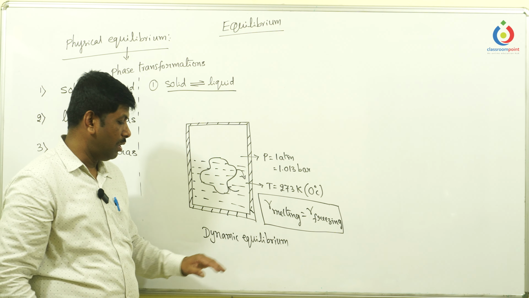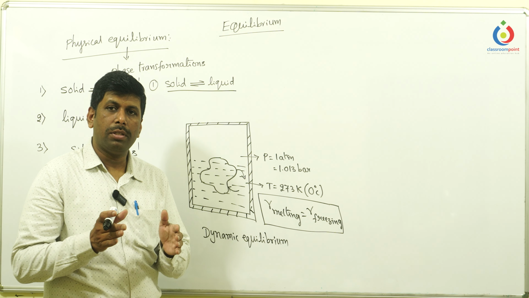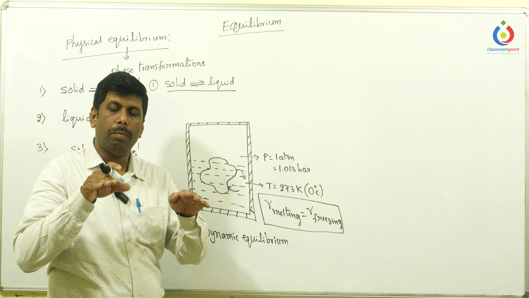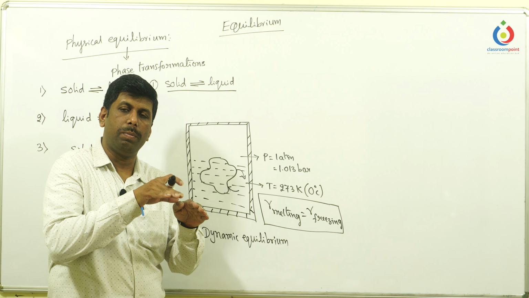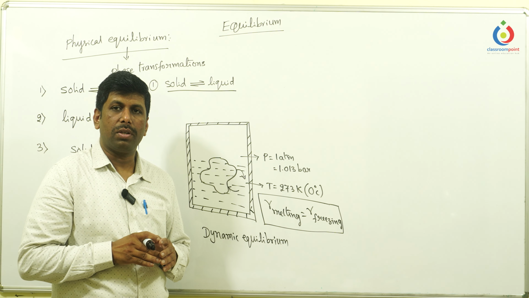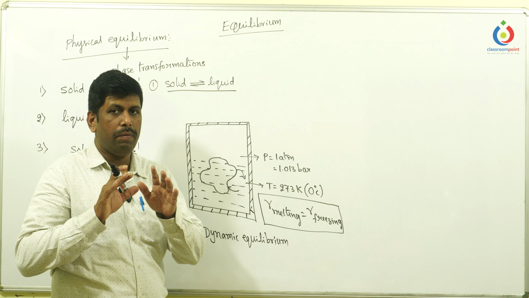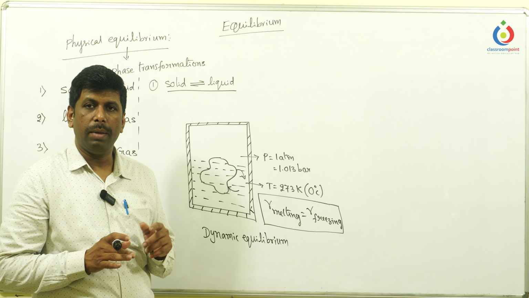That's why such types of equilibriums are called dynamic equilibriums. Static equilibrium means once after reaching the equilibrium, the process does not take place. That means reactants don't convert into products, and products don't convert into reactants. Such a type of equilibrium is called static equilibrium. We are not going to discuss the static equilibrium. We are discussing only the dynamic equilibriums.